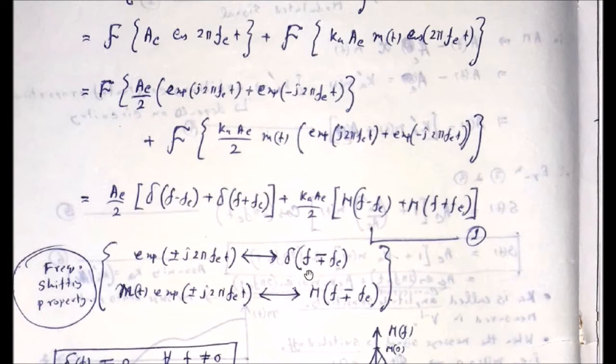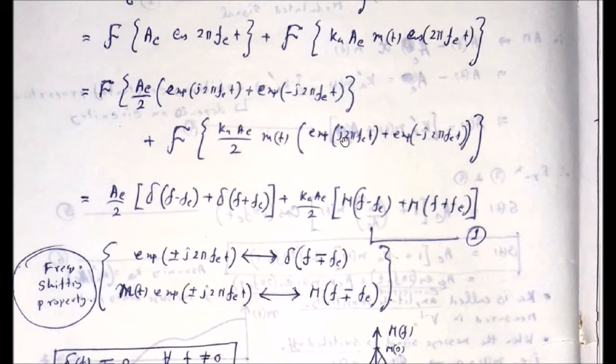Just consider this particular property, just recapitulate the Fourier transform method, you will find that this is the exponential property, that means the frequency shifting property of the Fourier transformation, and this one should be equal to delta of f plus fc. So this term in the frequency domain is becoming the summation of two delta functions. One is situated at plus fc, another is situated at minus fc, okay.